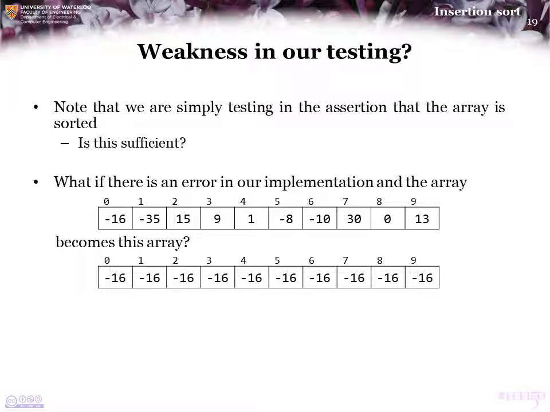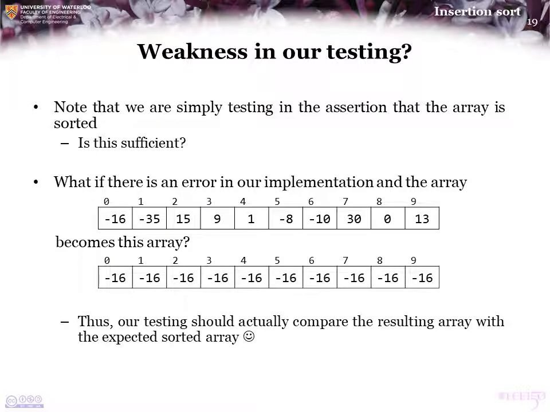Well, technically, this second array is sorted, but it's not the first array being sorted. Consequently, our testing should actually compare the resulting array with what we actually expect the sorted array to be. But that's just a comment, and you should take that into account.